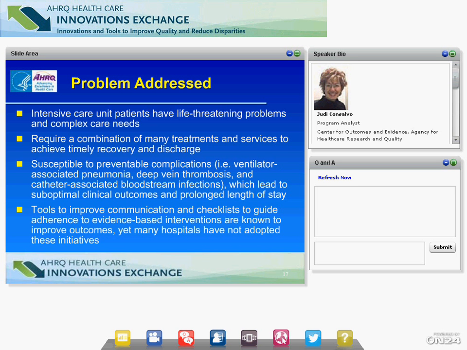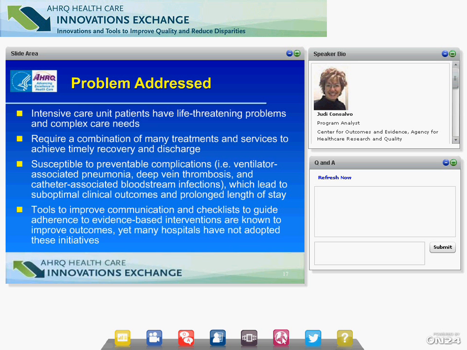We're all familiar with them, which lead to suboptimal clinical outcomes and prolonged length of stay. The tools to improve communication and checklists to guide adherence to EBP interventions are known to improve outcomes, and yet many hospitals haven't adopted these initiatives. Is this the mirror that you're looking in? Are some of these pieces true in the problem that you have in your particular clinical agency?